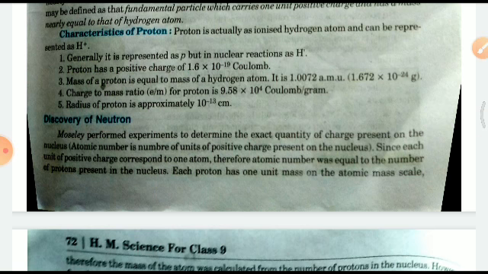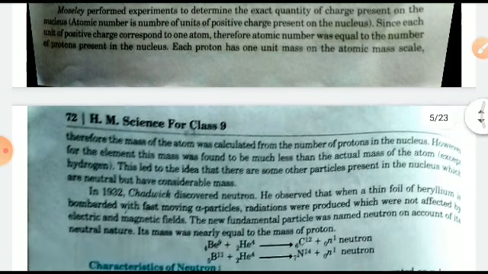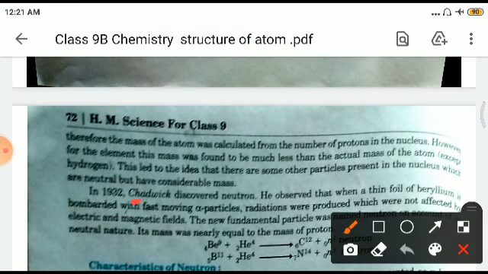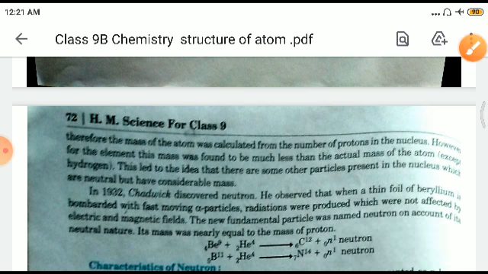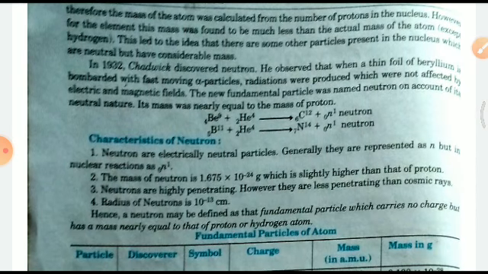Then neutron discovery occurred, and neutron was discovered by whom? Chadwick, right? A scientist called Chadwick discovered neutron, right? And then he devised certain characteristics for neutron. He said neutrons are electrically neutral particles. Generally, they are represented by n, and in reactions as 0n1. The mass was 1.675 into 10 to the power minus 24.